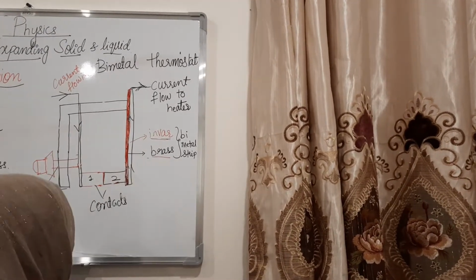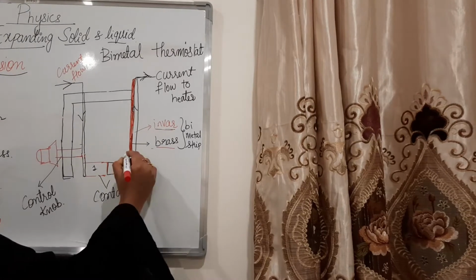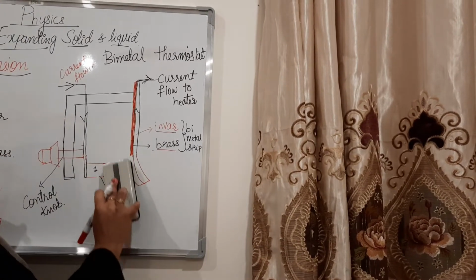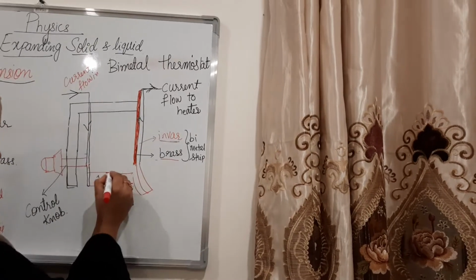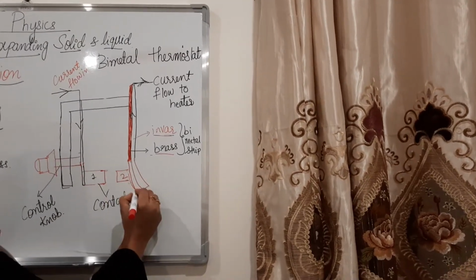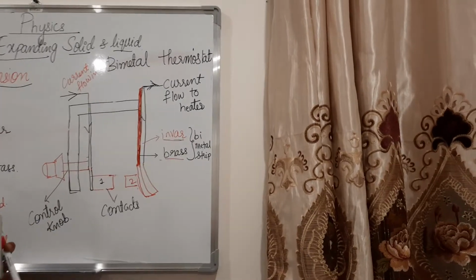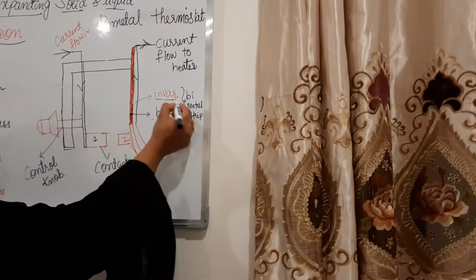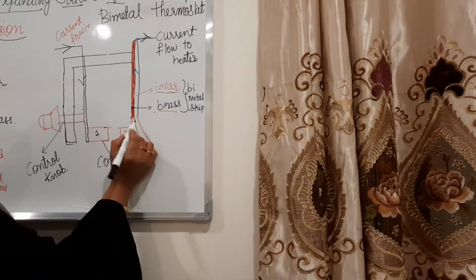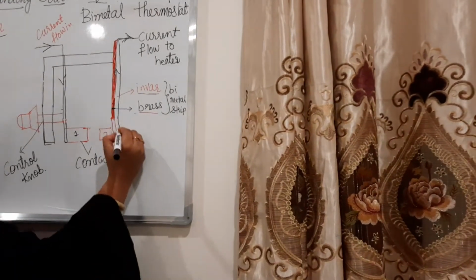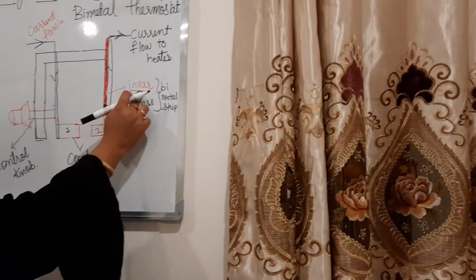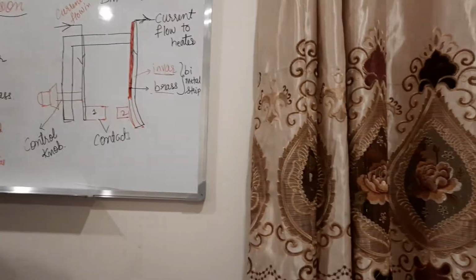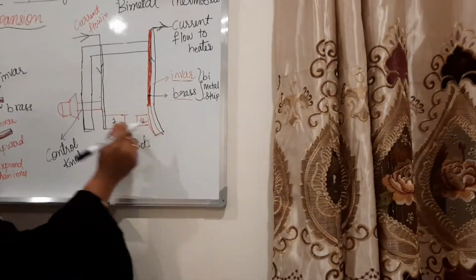So the bimetallic strip will move away, and the contacts also get separated, because the contact is attached to the bimetallic strip. The brass is in the inner part and the invar on the outer part, and brass expands more than invar, so the strip bends outward and the contact separates.